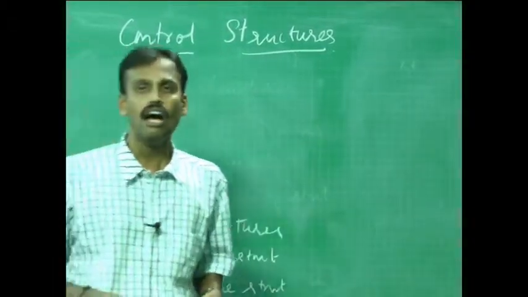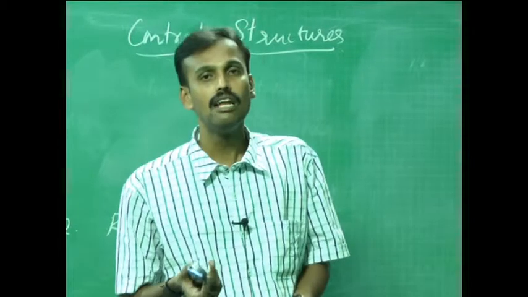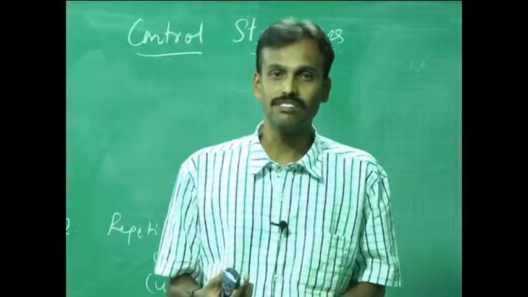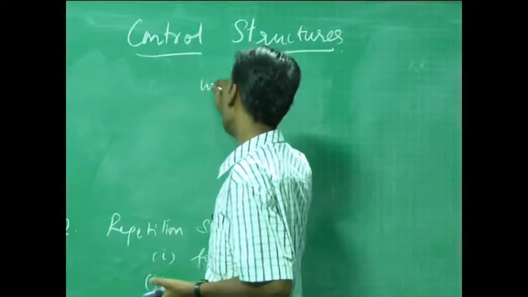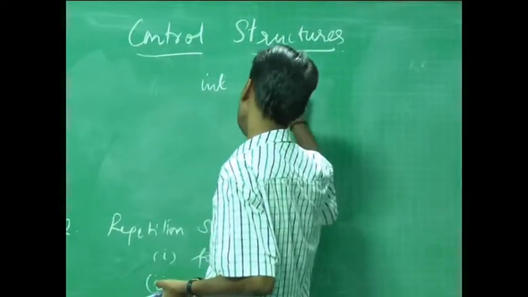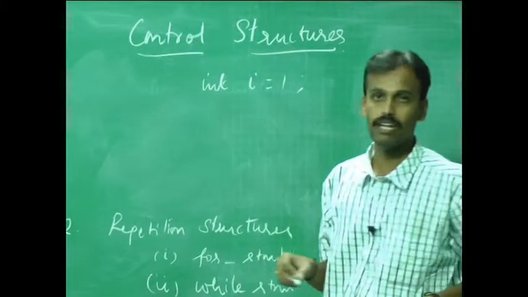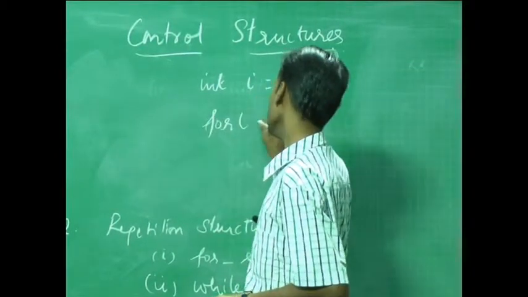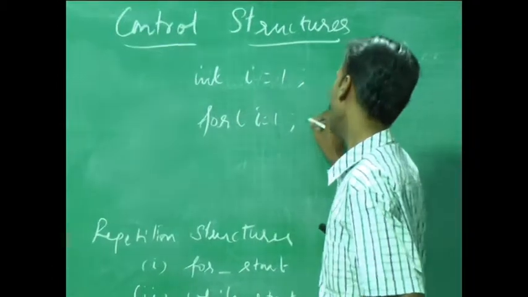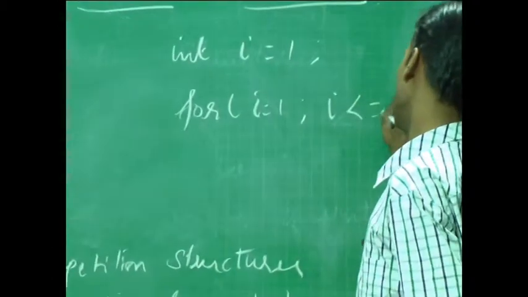Then comes an example of a simple for structure where we have a counter I initialized as 1, and a statement like for I equals 1, I less than or equal to n, I plus plus.